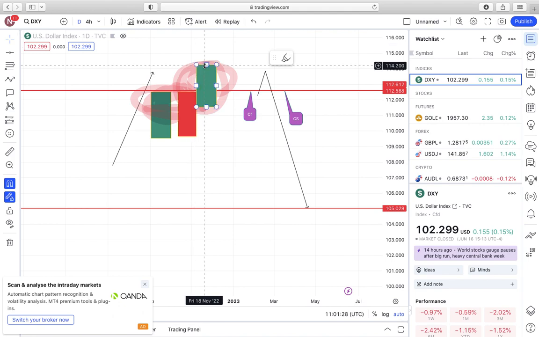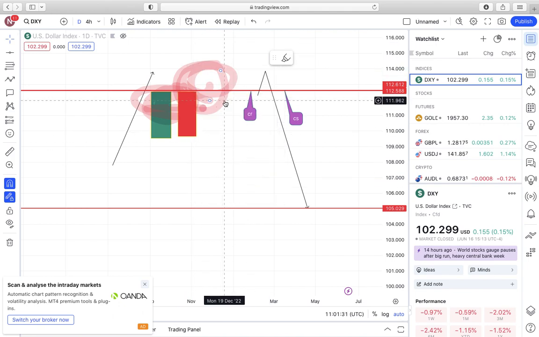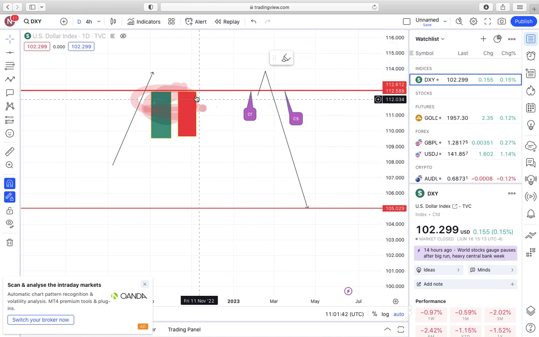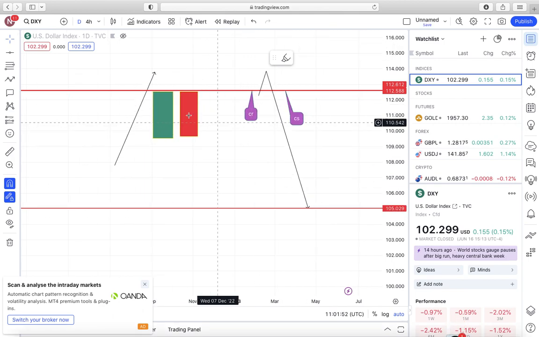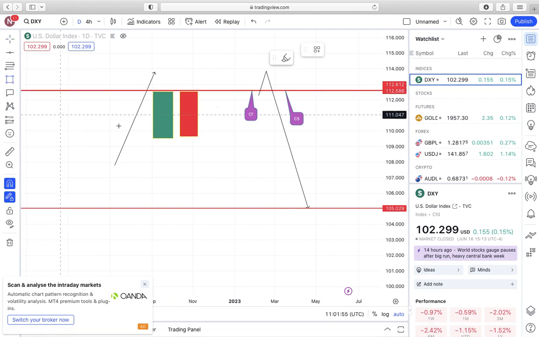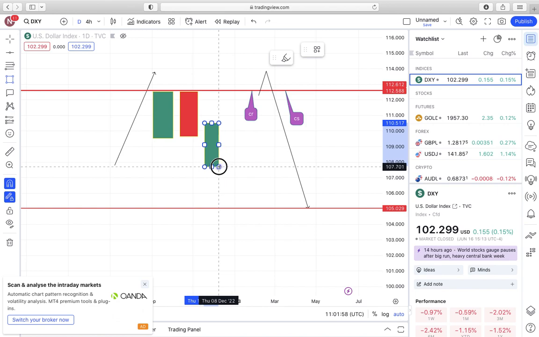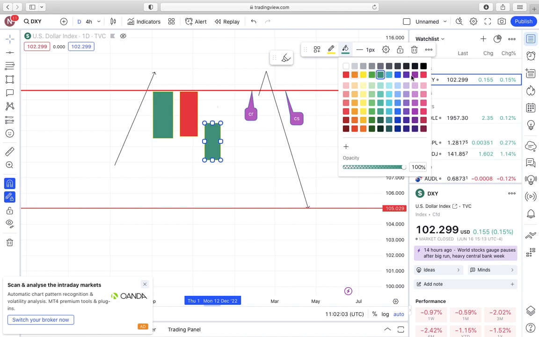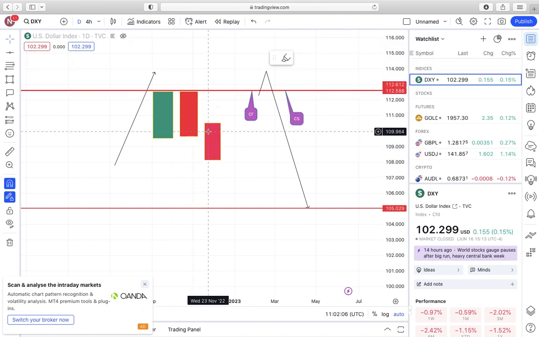How is a resistance actualized? Because you are always told that you buy at a support and sell at a resistance. But remember that that is not true. It is not even 50% true, because there are key factors which you have to check. You have to check whether that resistance zone is actualized or violated. It is actualized when you see another bearish candle printed which engulfs the previous bearish candle.